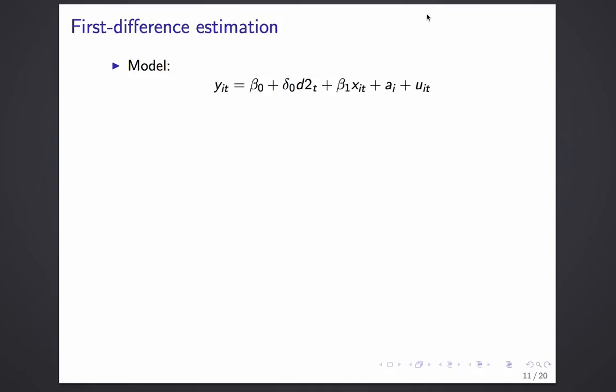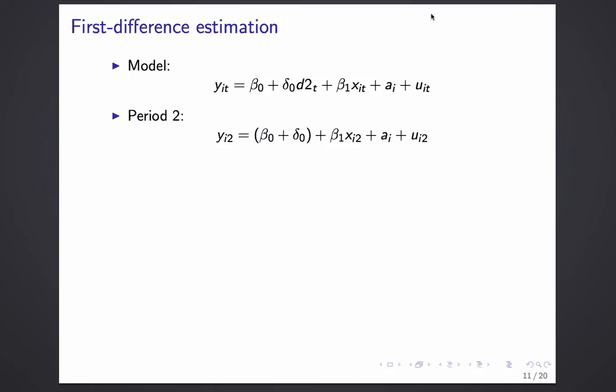Of course, if the regressor, X, is correlated with AI, we know that OLS will be biased and inconsistent. So the question is, how can we go about that problem? Now what we can do is simply to write out the model for period 2. That is, now on the left-hand side of the equation, we have the dependent variable y in period 2 as denoted by the second subscript that's equal to 2.